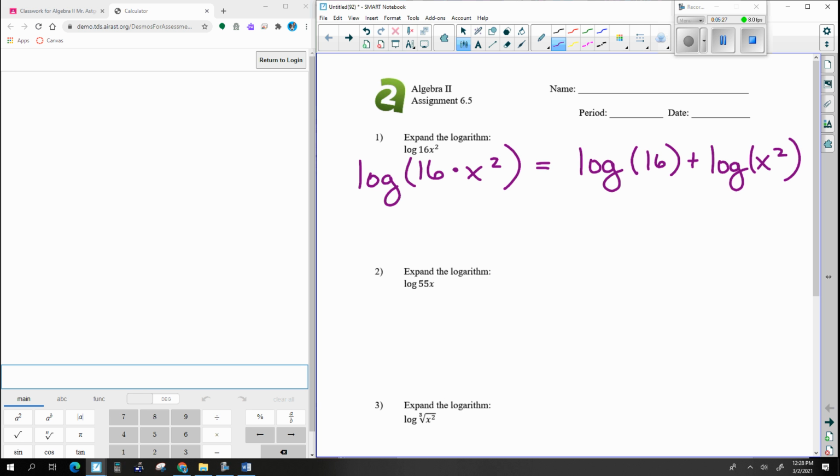Then I analyze what I have and I look for any exponents. I have an exponent there, so that's the second thing I do. So this is log 16 plus 2 log x. And that's your expanded logarithm.